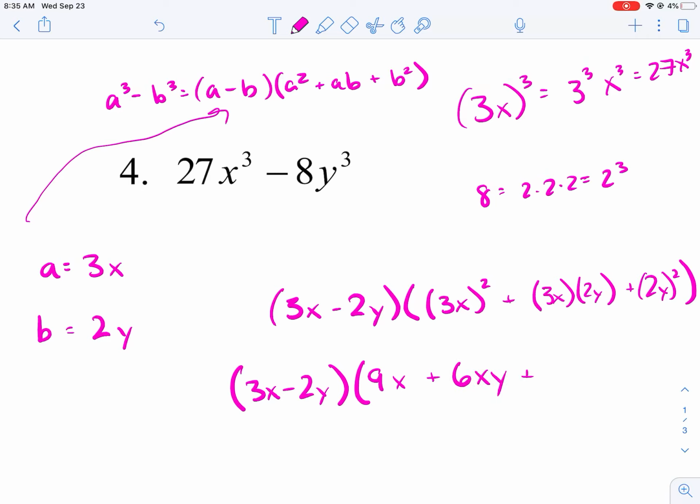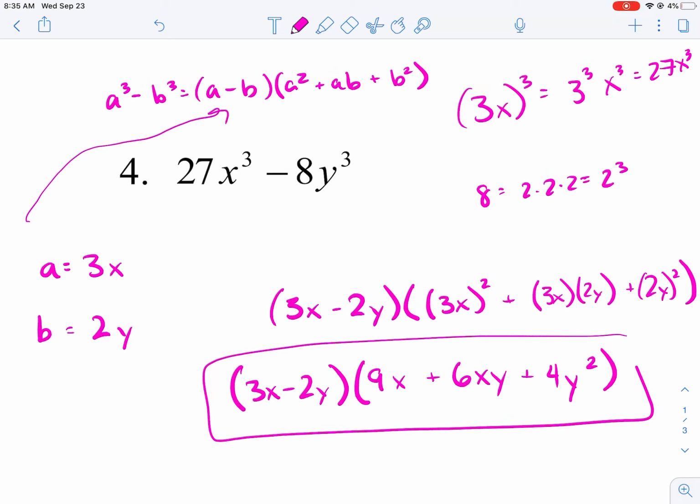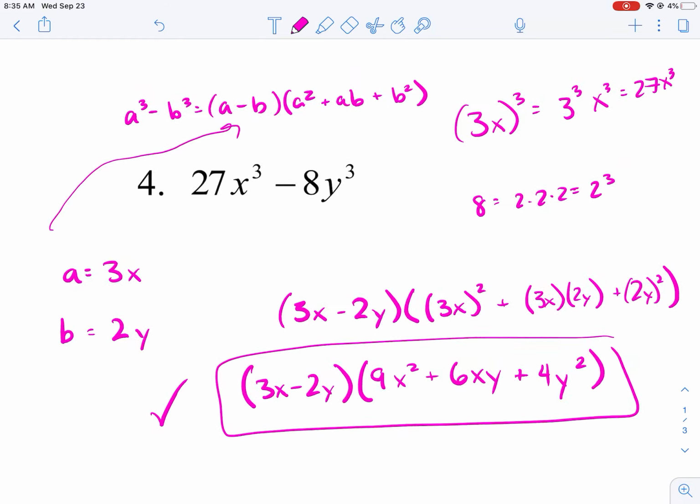And last but not least, 2 squared is just 4y squared. And we are done. Oops, forgot. There we go. Almost done. Now we're finished. All right, so that is a much more complex version of a complete difference of perfect cubes.